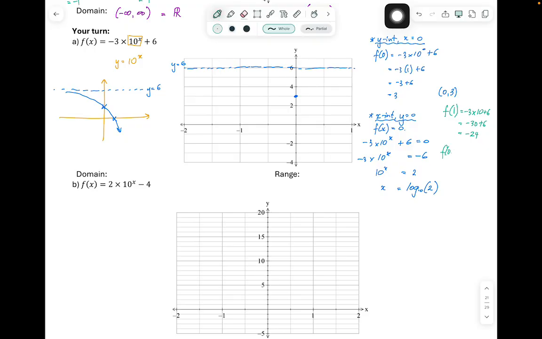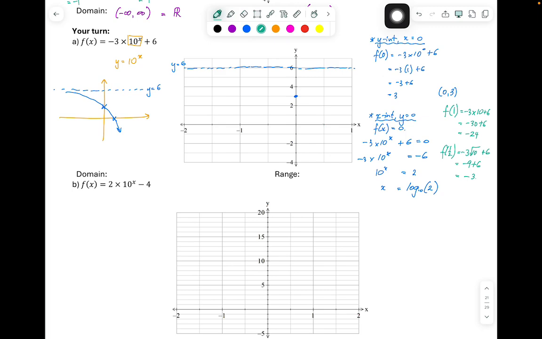So I'm going to find out what the y value is at an x value of 0.5, which is the same as 1/2. Well, 10 to the power of 1/2 is the square root. So what's the square root of 10? That's super close to the square root of 9, which is equal to 3. So -3 times 3 is -9. -9 plus 6 is -3.